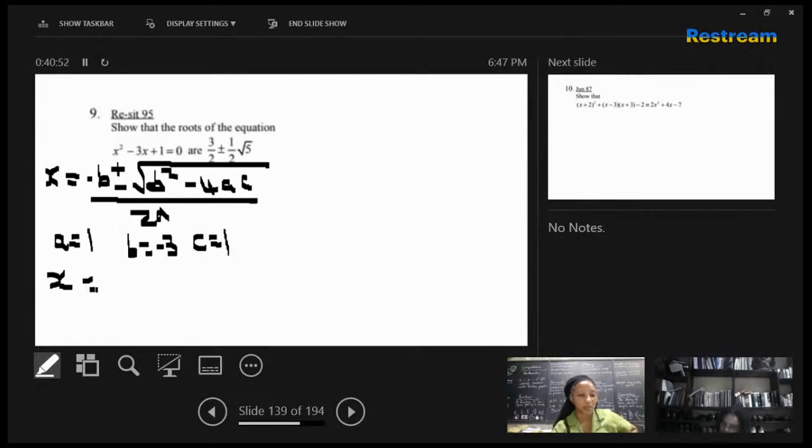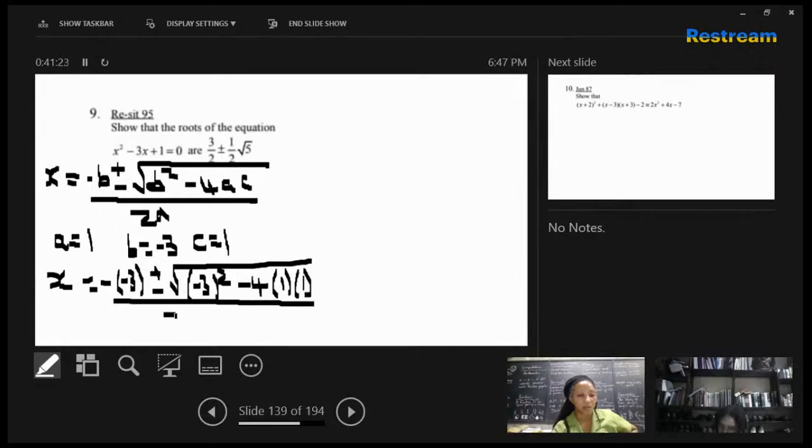Okay, so negative b means negative negative 3, plus or minus the square root of negative 3 squared minus 4 times 1 times 1, all over 2 times 1.